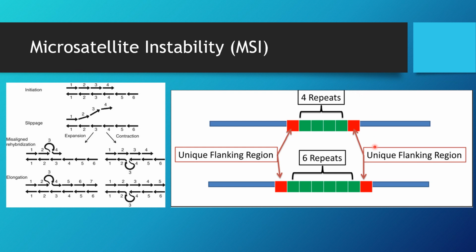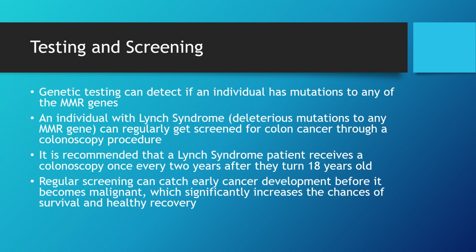This indicates that there is high genomic instability, and it is indicative of a deficient mismatch repair system. This genomic instability gives rise to a much higher mutation rate and also creates much more chromosomal abnormalities, which are very common in cancer development.